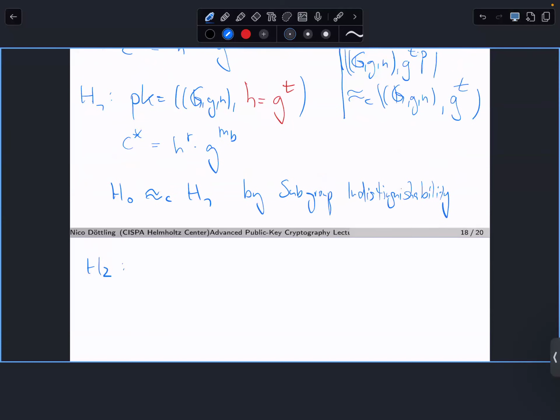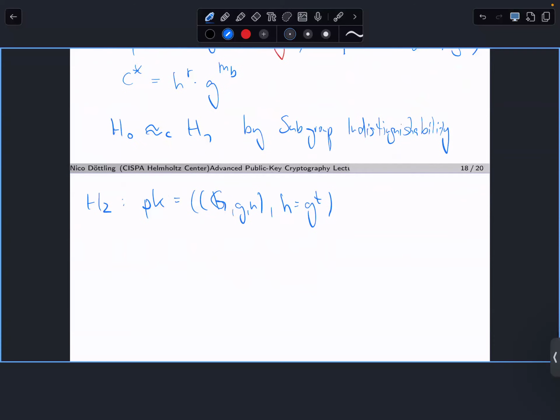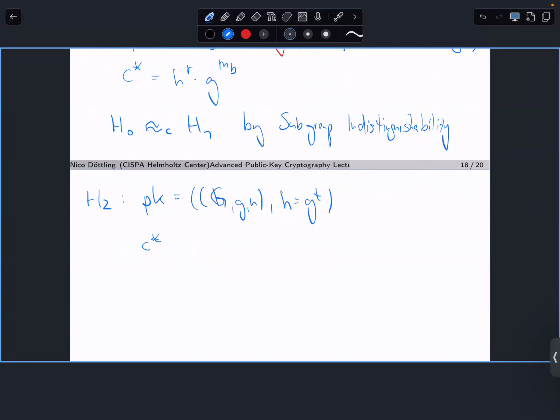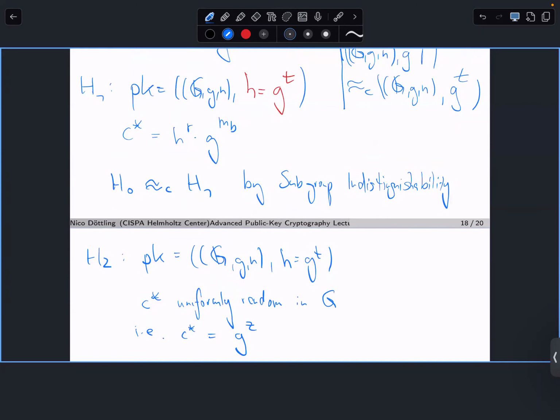In H2, the public key is still going to be G, G, N, H, which is G to the T. But now my C star is just, let's say, uniformly random in G, i.e. something like C star is G to the Z. And that's obviously independent of the bit B, right?